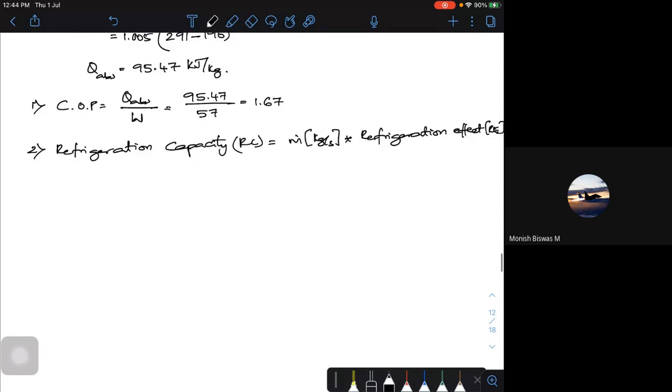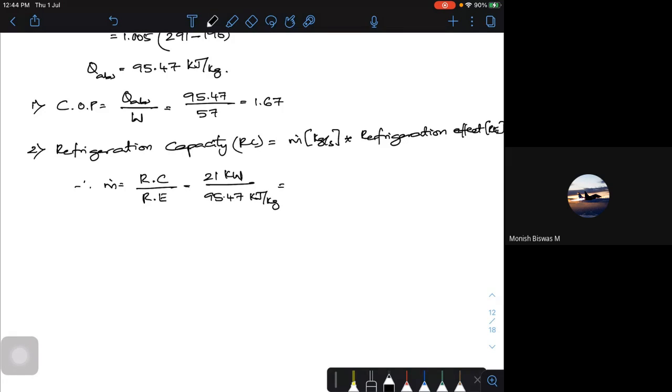Therefore, your mass flow rate of refrigerant is equal to refrigeration capacity divided by refrigeration effect. So this is 21 kilowatts divided by 95.47 kilojoules per kg.